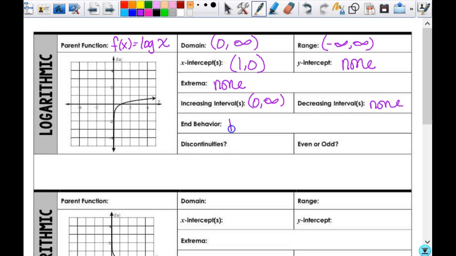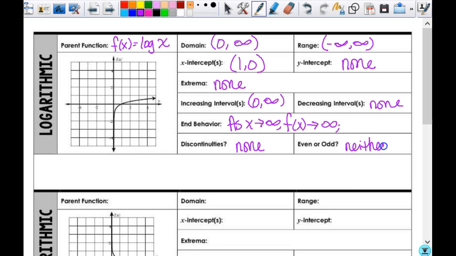In behavior, as x approaches infinity, f of x approaches what? Infinity. Does x approach negative infinity? No. So remember we talked about yesterday, so we just don't even talk about it. We only have half of it to talk about. Are there any discontinuities? Nope, none. Even, odd, or neither? Neither.